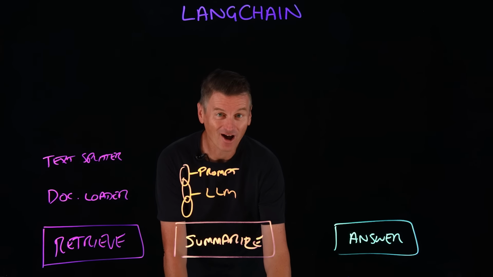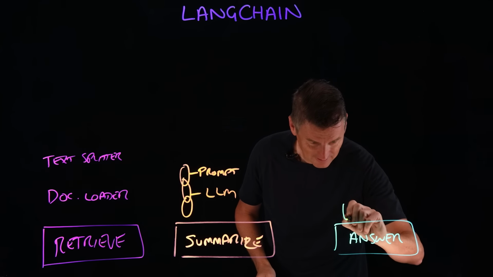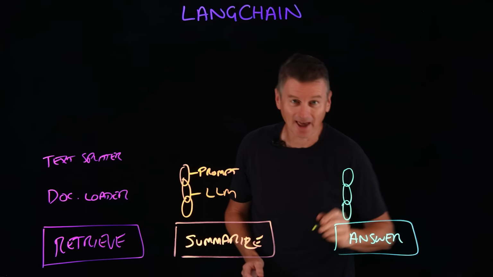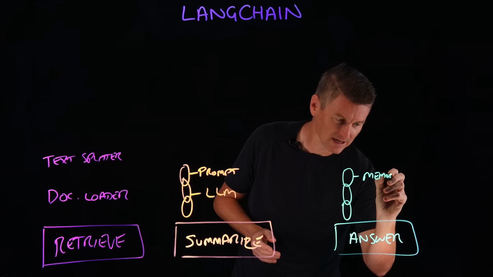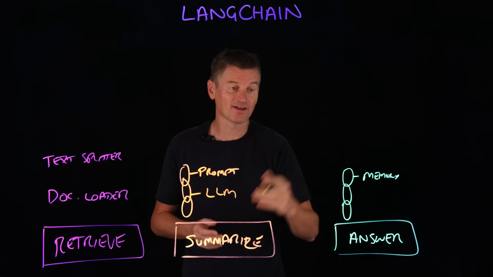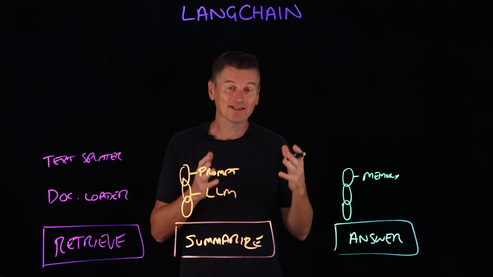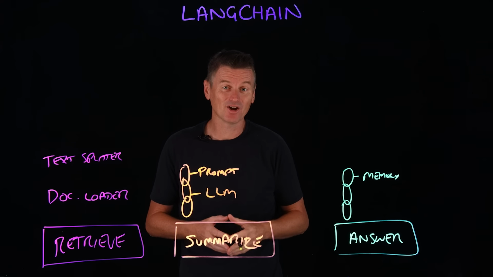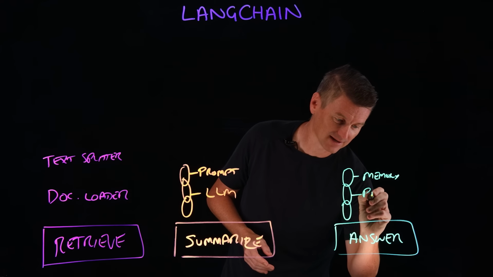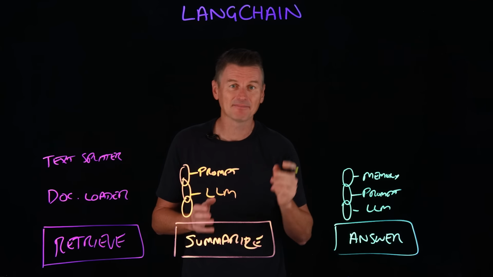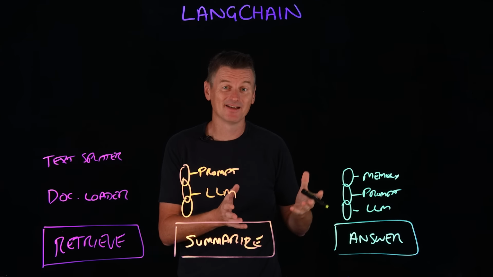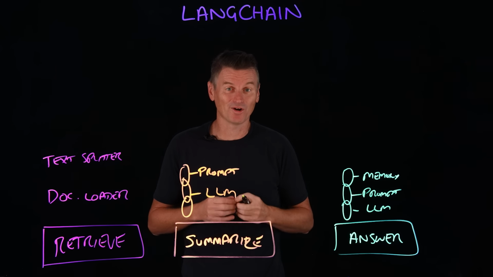Okay. And then for answer, well, we would build another chain. And this chain might include a memory component. So this is another component of LangChain, and that's used to store conversation history and context. And we'd throw in another prompt component and another LLM component to generate the answer based on the summary and the recorded context.